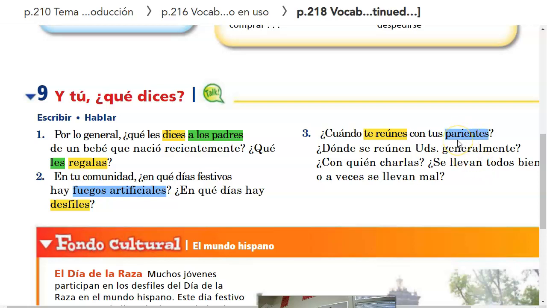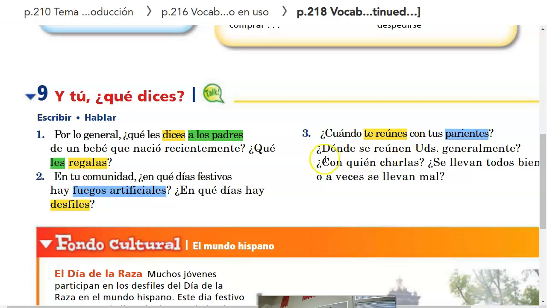Mis parientes y yo, nosotros nos reunimos. Pues ¿cuándo? ¿En los días festivos? ¿En la Navidad? ¿En los cumpleaños? ¿En los veranos? ¿En el Año Nuevo? Pues ¿cuándo? Give us some moments in the year that you guys get together with your family, extended family, or nunca, tal vez nunca, tal vez.